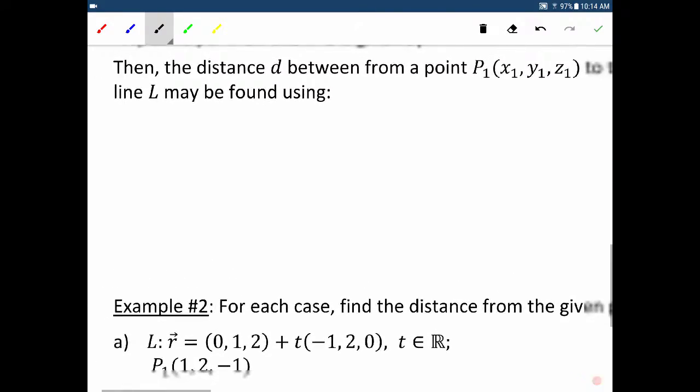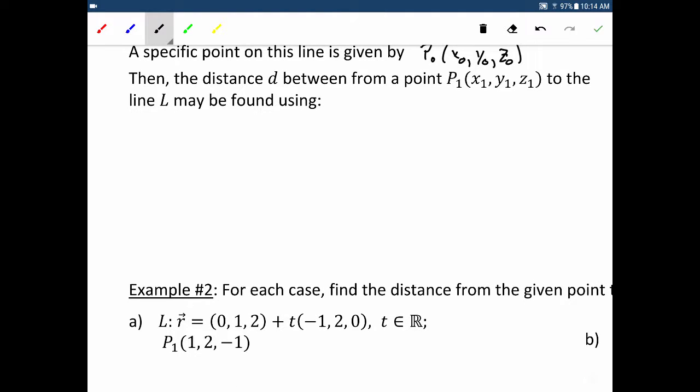So again, I'm going to give you two versions here. No, I'm just going to give you one. We're going to use D is equal to the absolute value of, and what we do is we take the vector that goes from the specific point that's given to the point we're measuring from, and we're going to take the cross product of that with the direction vector.